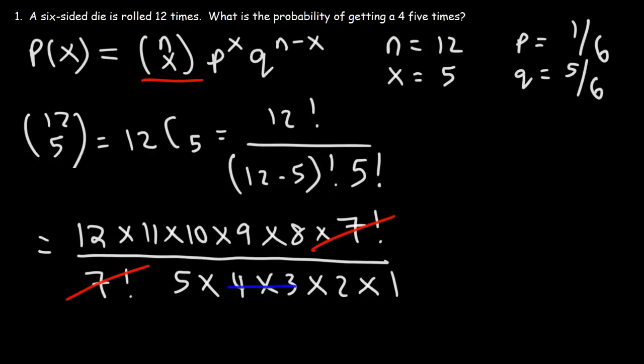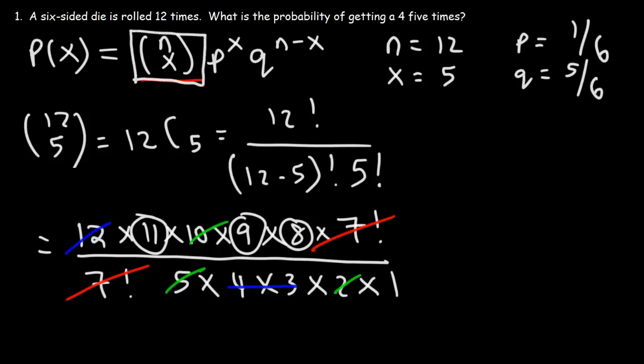Now, 4 and 3 multiply to 12, so we can cancel that with the 12 on top. 5 times 2 is 10. So what we have left over is 11 times 9 times 8. 11 times 9 is 99. 99 times 8 is 792. So this portion of the formula is equal to 792.